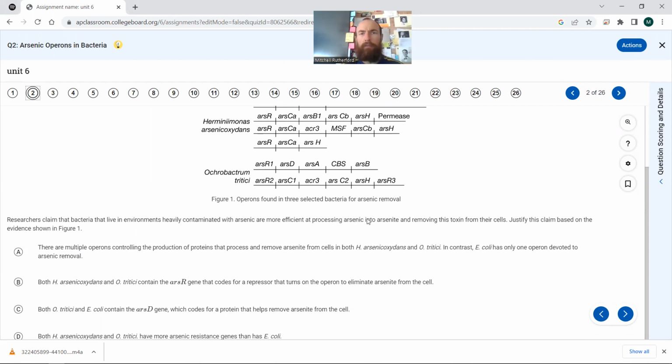This is a classic thing that occurs in biology. We have genes that encode for enzymes, which do a reaction, which means that there's going to be some sort of chemical process. And this chemical process here is converting arsenic into arsenite and removing this toxin from their cell.